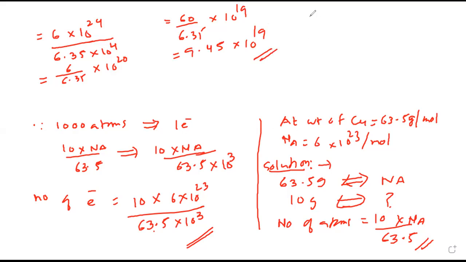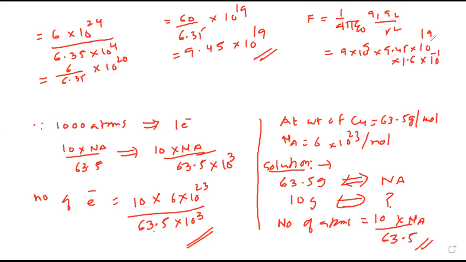So now you can say force is 1 upon 4 pi epsilon naught Q1 Q2 upon R square. That is nothing but 9 into 10 raised to 9 into 9.45 into 10 raised to 19 into 1.6 into 10 raised to minus 19 whole square, because both are same magnitude of charge, one is positive, other is negative, and distance is given 10 centimeter. 10 centimeter is 10 raised to minus 1 square.